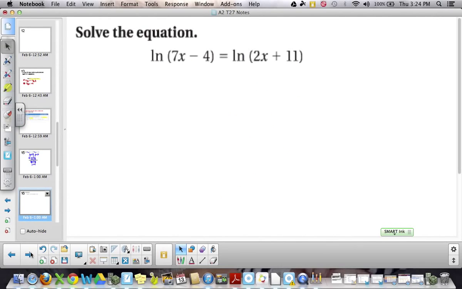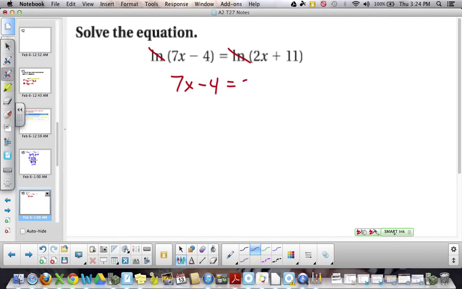All right, another example like this, we have the natural log of 7x minus 4 equals natural log of 2x plus 11. Again, it doesn't matter what base logarithm it is, as long as it's the same base logarithm on both sides. So this time we can cross out the natural logarithms, and we just have 7x minus 4 equals 2x plus 11.